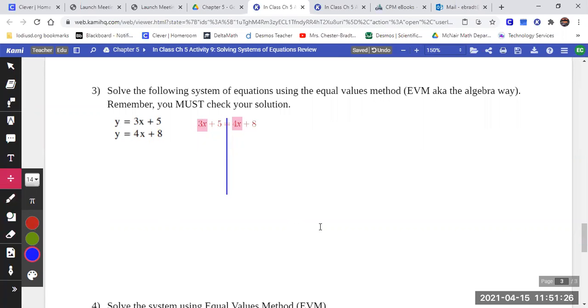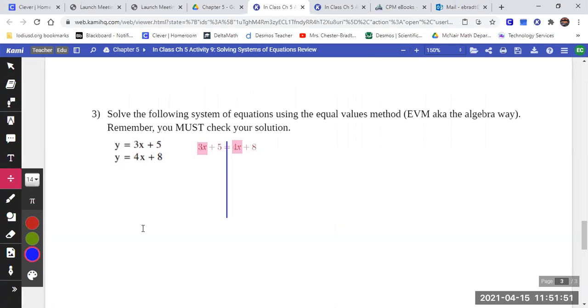What do we look for? Smallest moves. Okay, so we need to move the smallest one. How are we going to go about moving the smallest one? We need to turn it into a big zero. How are we going to turn that positive 3x into a 0? Yep, subtract 3x on both sides.